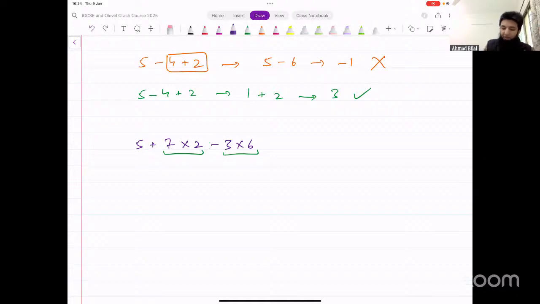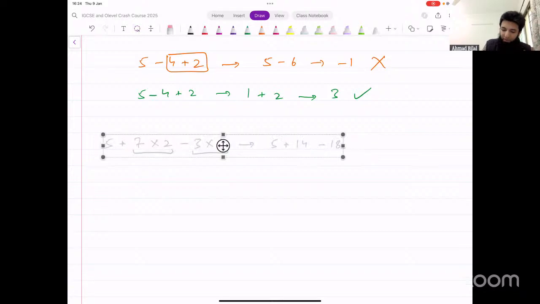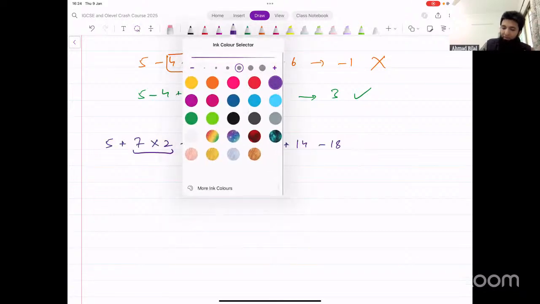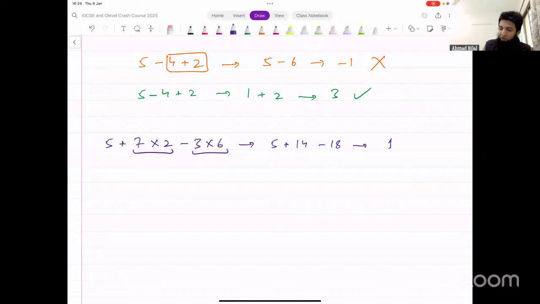So you evaluate it like this: 5 plus 7 times 2, that is 14, and then minus 3 times 6, that is 18. You can see what that is. That's 19 minus 18, which is 1. So multiplication and division are done first, and after that, you do addition and subtraction. All right, I hope that makes sense.